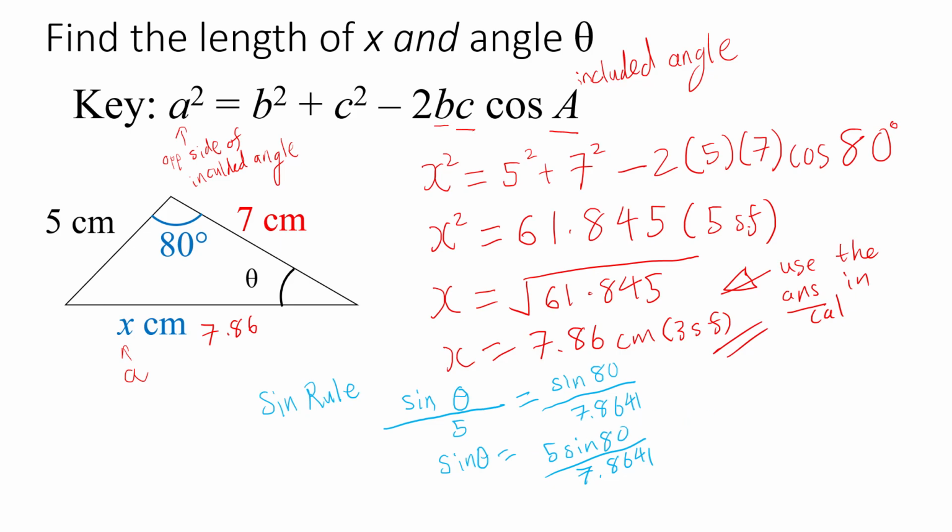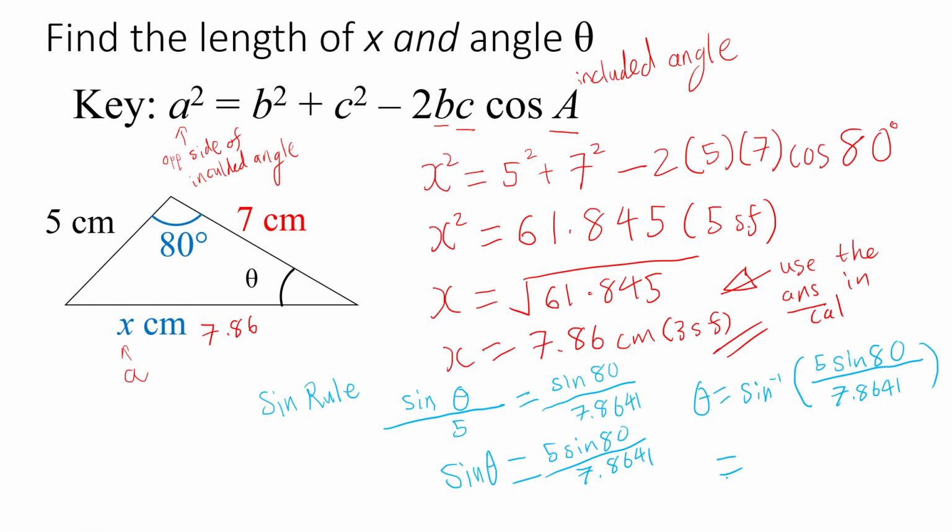Let me write it properly for you. The whole thing is equals to sine theta. To find theta, we have to bring the sine over. So theta will be equals to sine inverse, bracket the whole thing, 5 times sine 80 over 7.8641, and you will get your answer.